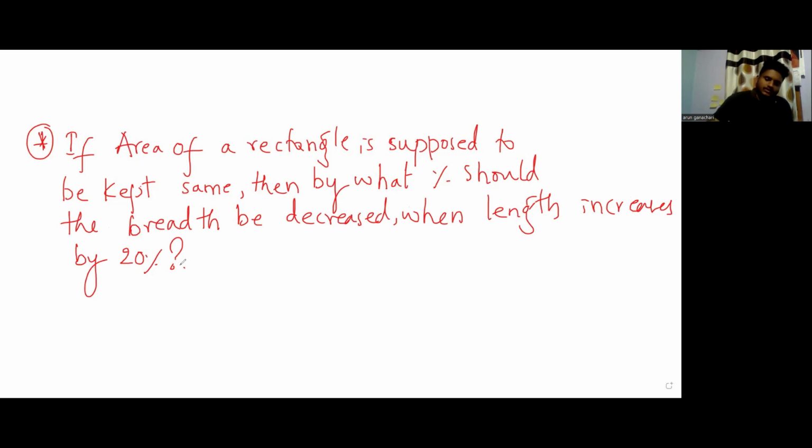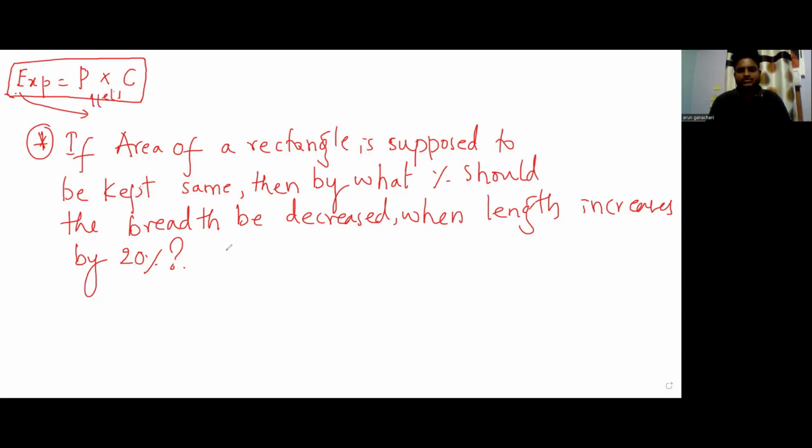Okay. So this is a very similar kind of sum with respect to what we studied here: expenditure. What was expenditure equal to? Expenditure is equal to, as I explained, price into consumption. Whenever we have this formula, we can derive parallels to it.